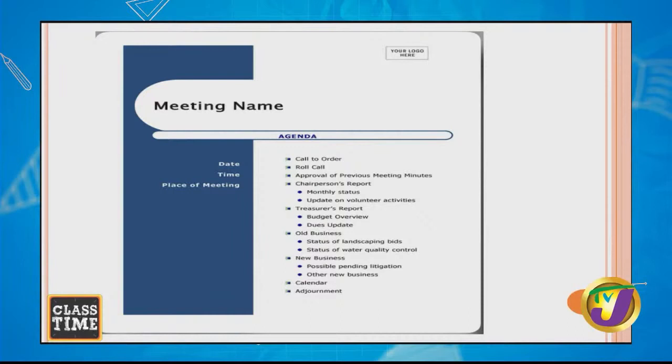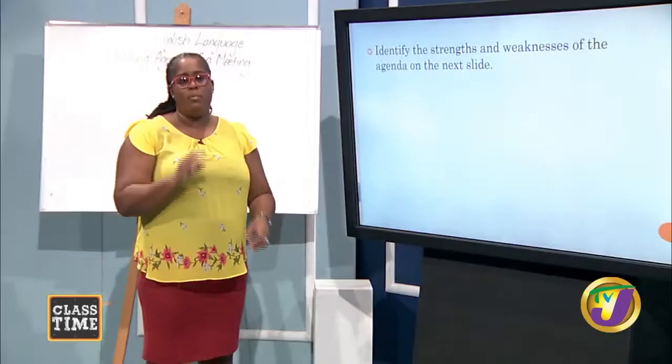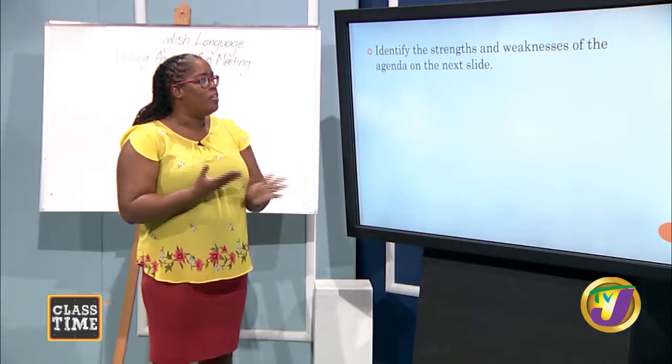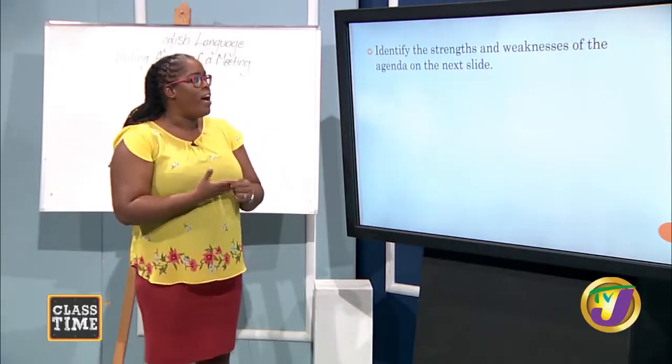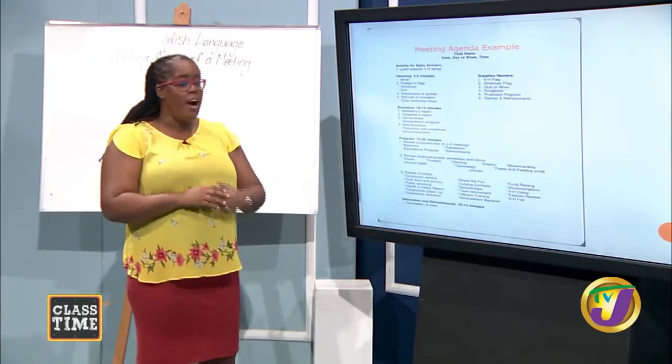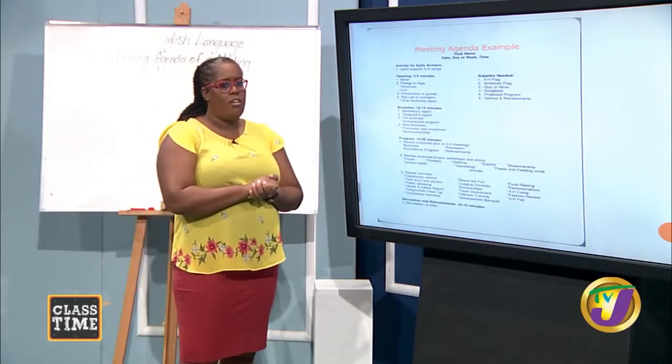All right, so work at home time. Based on everything that we have discussed or learned so far, we are going to be looking at the strengths and weaknesses of an agenda. So let us do that. We have a meeting agenda here.